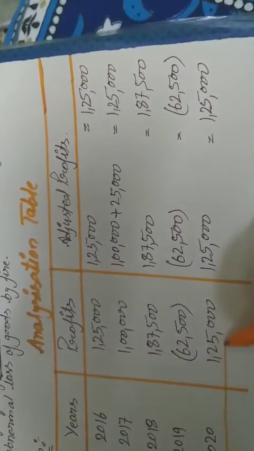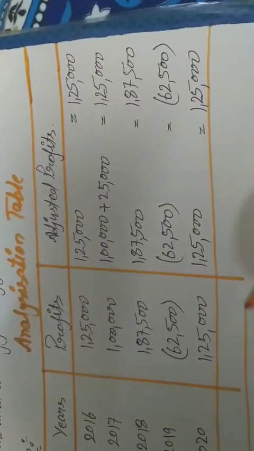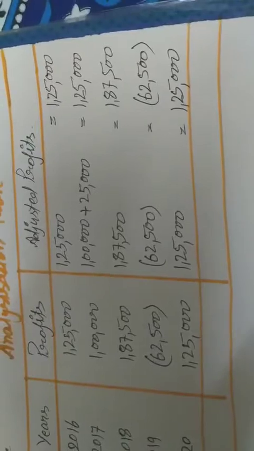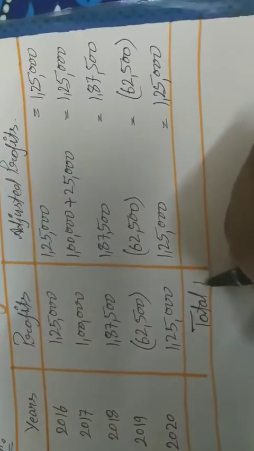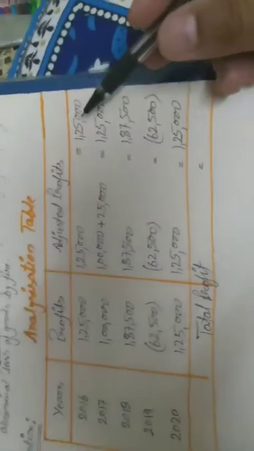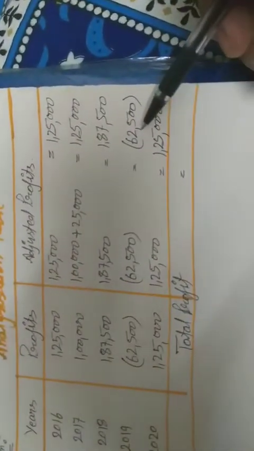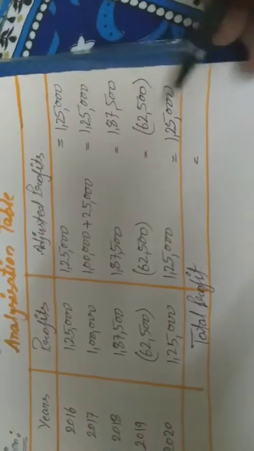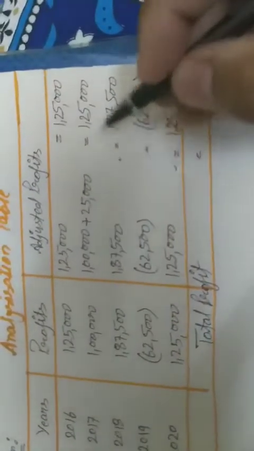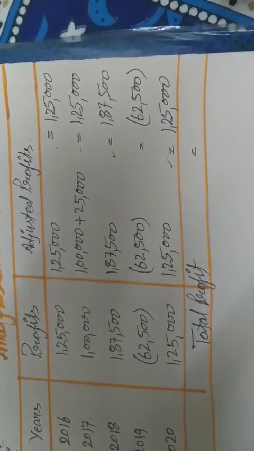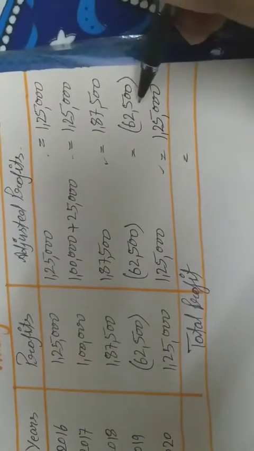Okay, so there will be total profit of last 5 years. Roughly we have to add, because there is a loss, we have to subtract this after adding all the things. So we will add profit first. So this one, and this one, all four we have to add, and then after total we will subtract this one.